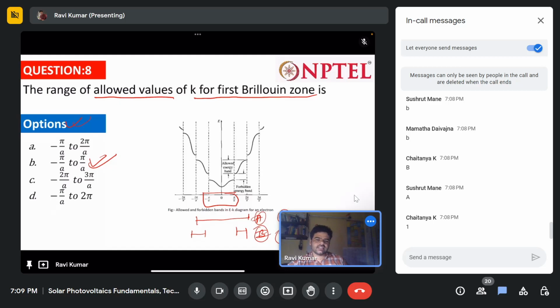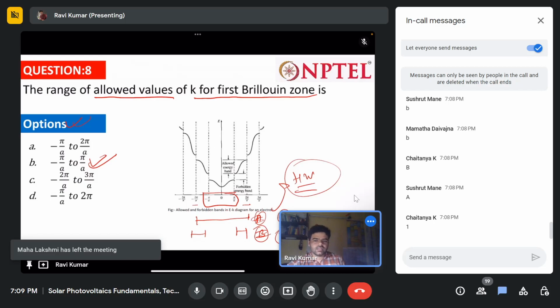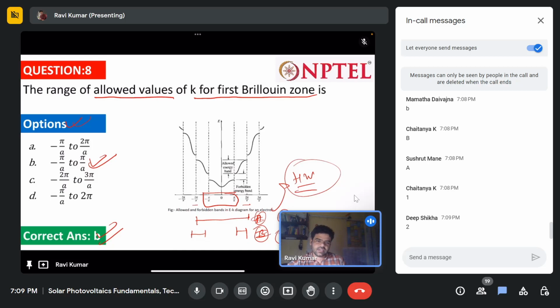Okay, just check it again. If you are right or wrong, this is your homework. The second Brillouin zone should be from minus 2 pi by a to 2 pi by a, or it should be a discrete value from minus 2 pi by a to minus pi by a and pi by a to 2 pi by a. Here B is the correct answer. Deepsika is saying 2 and others are saying 1. So this is your homework.